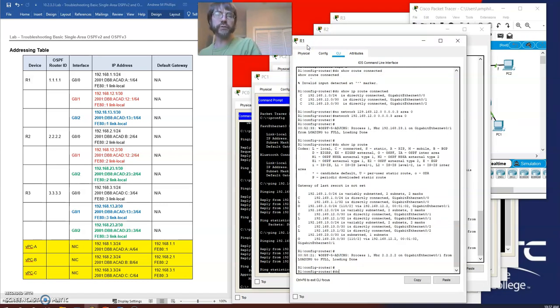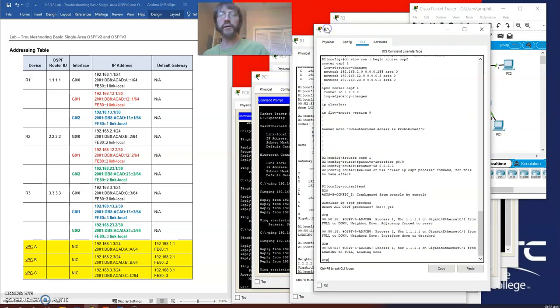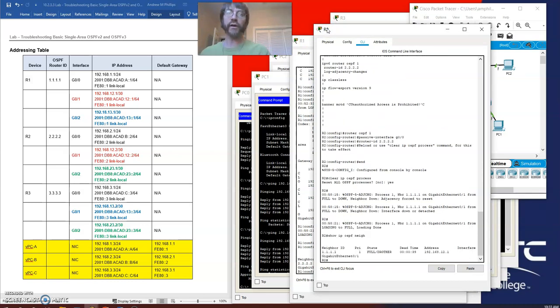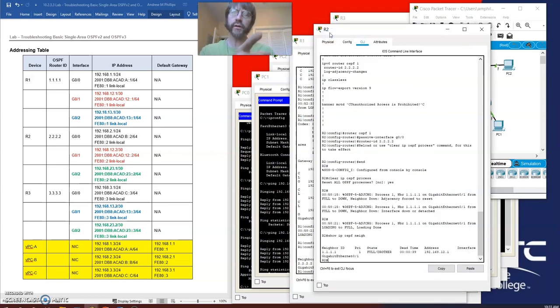So I can now do this. Let's see, do show IP OSPF neighbor. Okay, I've got a neighbor relationship with 2.0, with 2.2. Show IP OSPF neighbor. And I've got 1.1, 2.2, 1.1. Notice, because I'm using a gigabit network, there's a DR election taking place. 2.2 is the DR. 1.1 is the DR other.